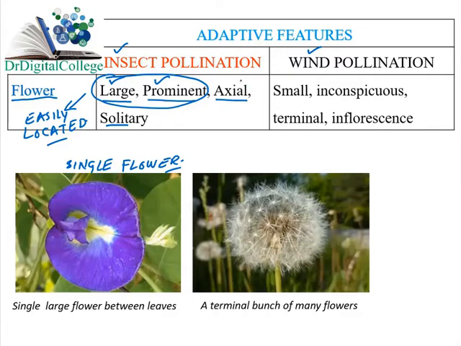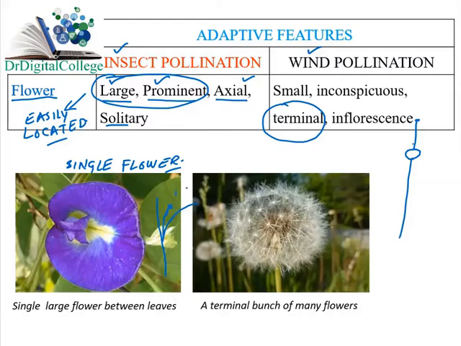The next word is axial. Opposite to the word axial, there is a word called terminal. A terminal flower is like this, the flower is here like this. And the axial flower is like this. Say for example, this is a shoot, this is another shoot, and the flower is present over here.